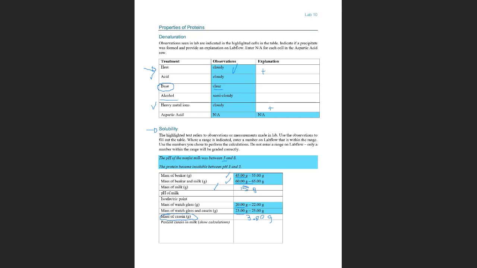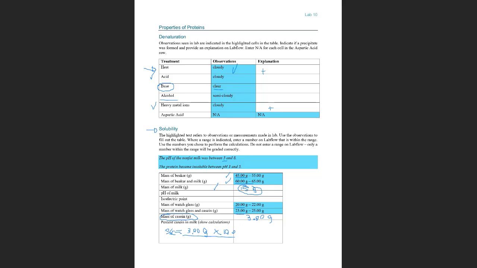And then they ask you, how do you calculate the percent casein in milk? You know what the percent is. The percentage of casein will be the mass of casein that you weighed, 3 grams, times 100, divided by the mass of the milk.